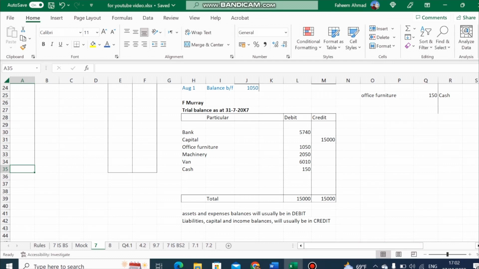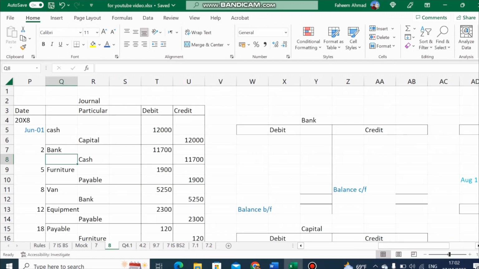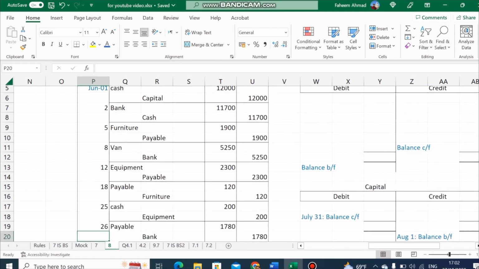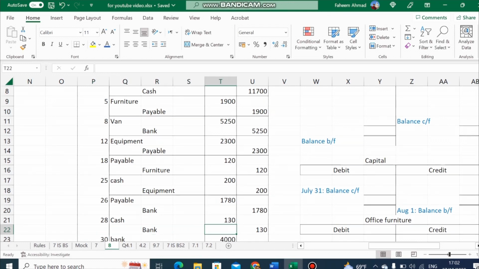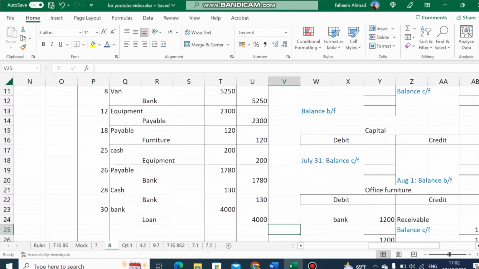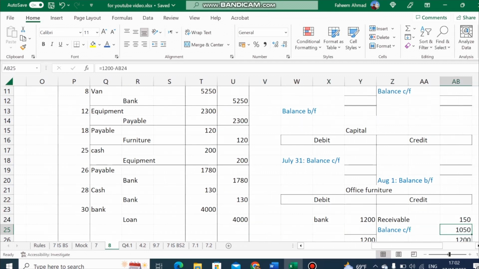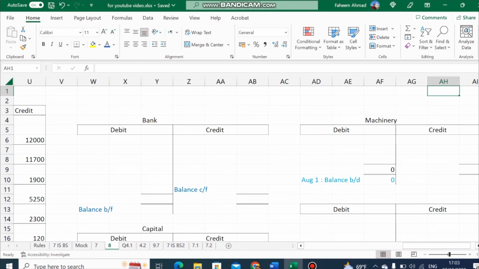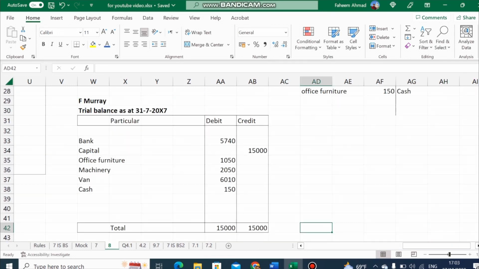Okay, I have another question. This question, we did it last time. In lesson 2, I prepared these journal entries. So I will post a completed solution for this question where all accounts will already be prepared and a trial balance will be extracted.